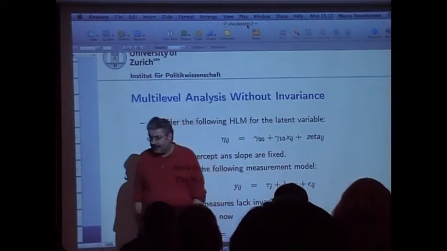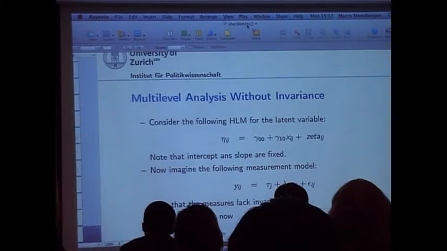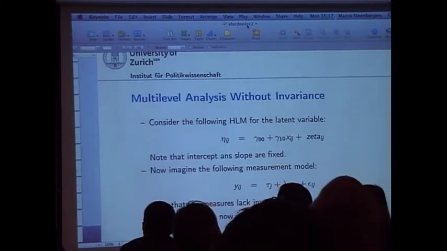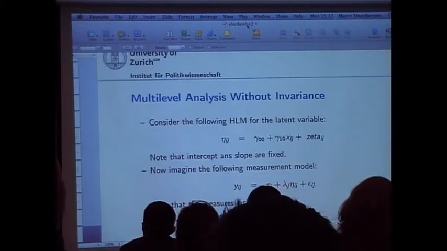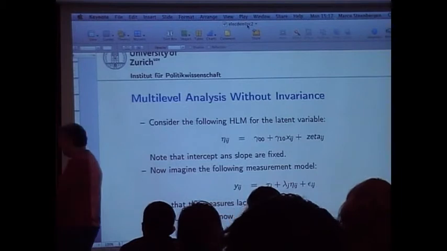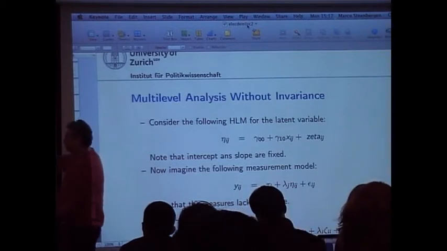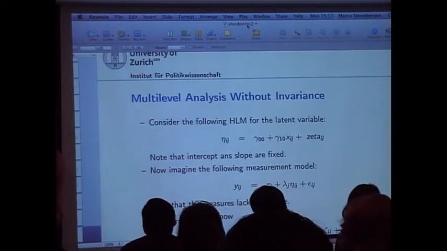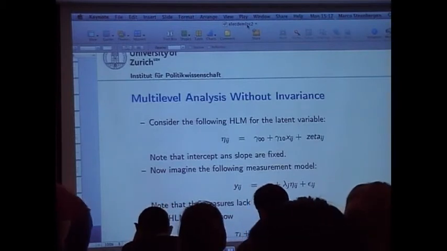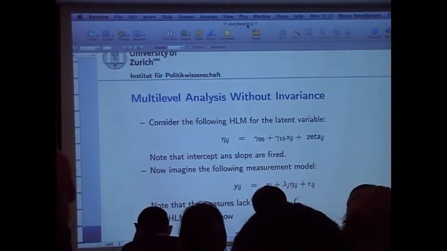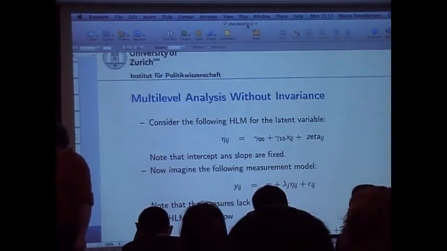One more. I didn't really understand the difference between adding covariance, independent covariance, and structure. So the difference is if you look at this variance covariance matrix of the level 2 errors, this thing that we saw earlier.